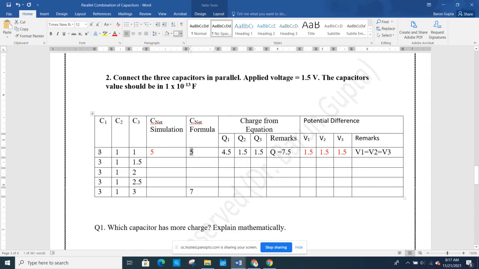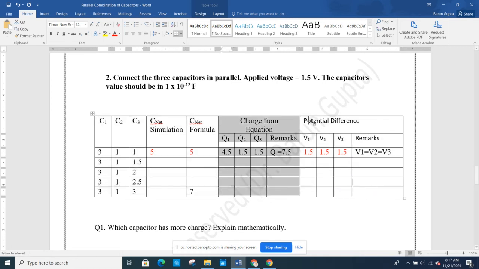So if I add all these numbers together, 3 plus 1 is 4, plus 1 is 5. That's the 5. And that makes perfect sense because both the simulation and the formula give you exactly the same number. Okay, and I'll come to the charge later.